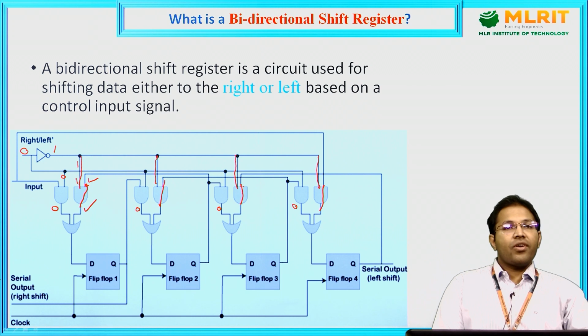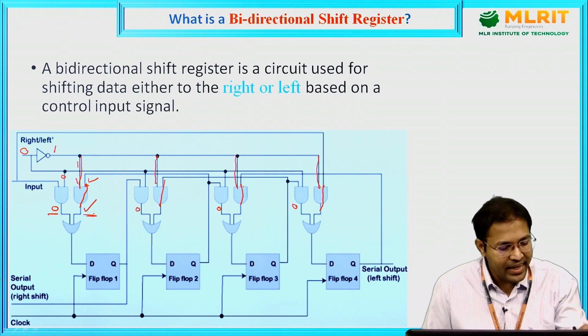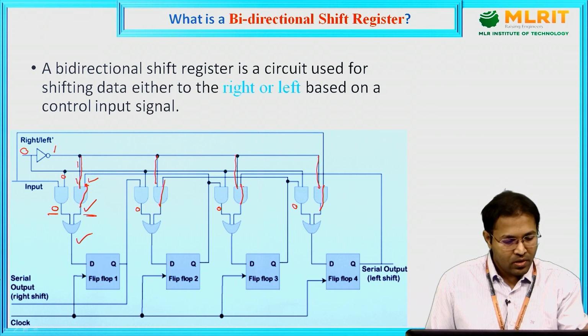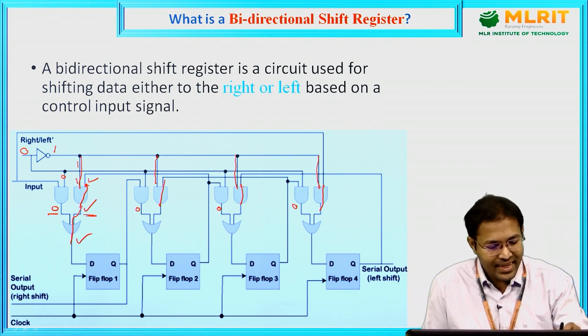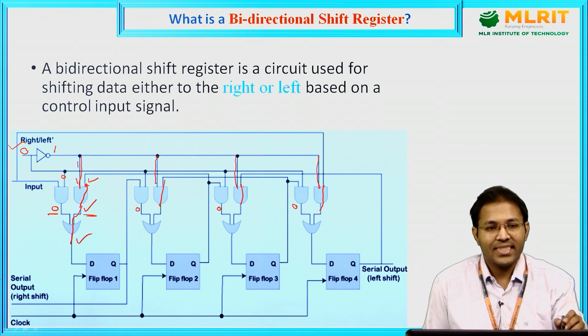Now, the output of the OR gate is very simple. 0 OR anything is anything. So it is as good as this signal being passed here. When we give a 0 here, the connections are like this.